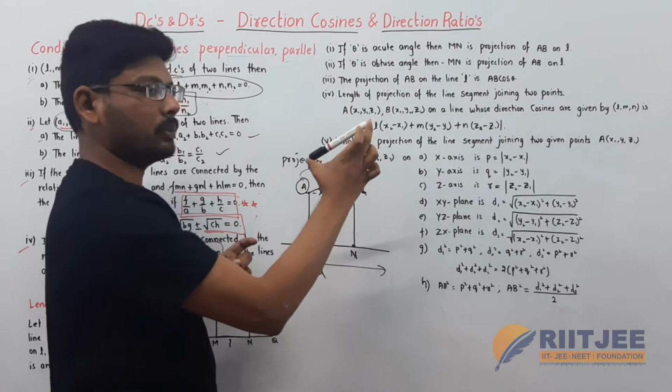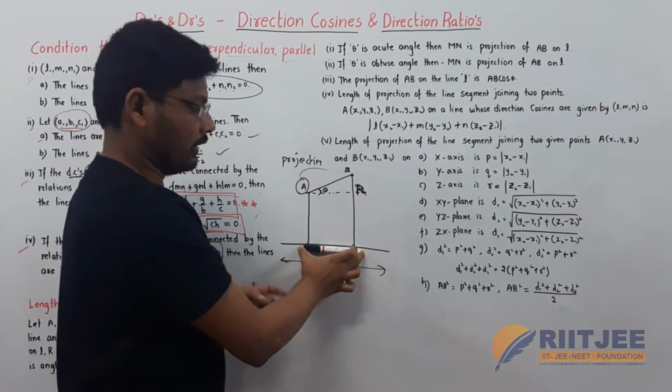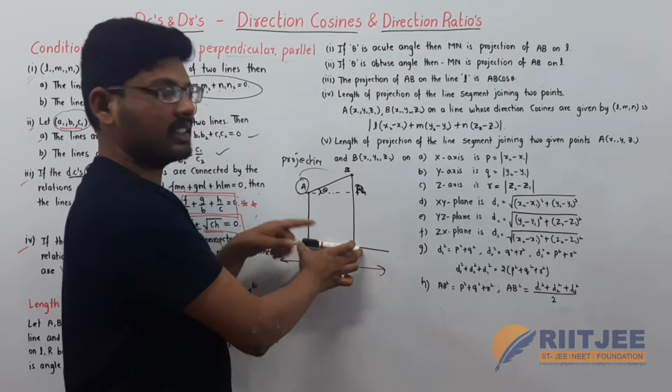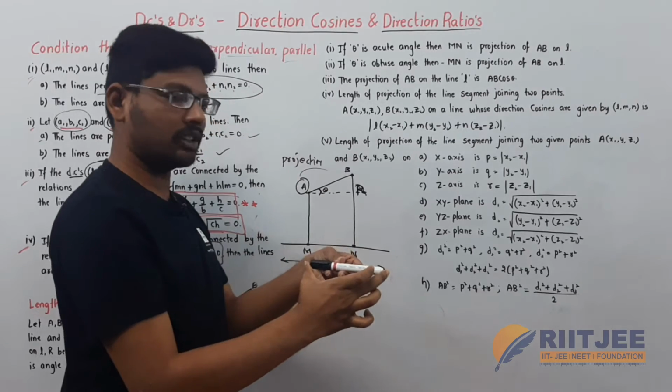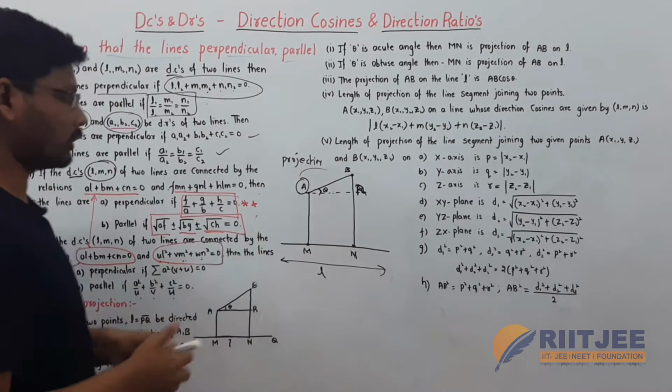The actual distance is more, and the projection distance is less. So the inclined line will look like this. This is all about the projection.